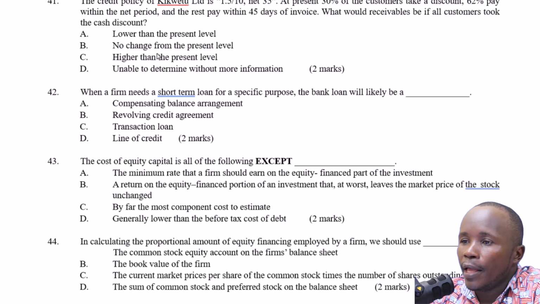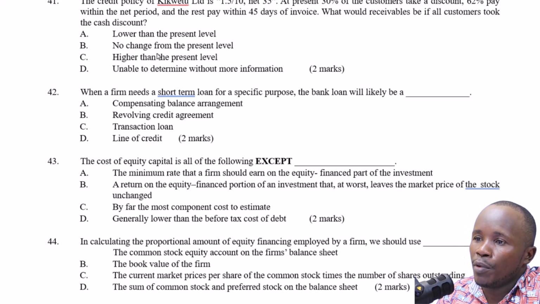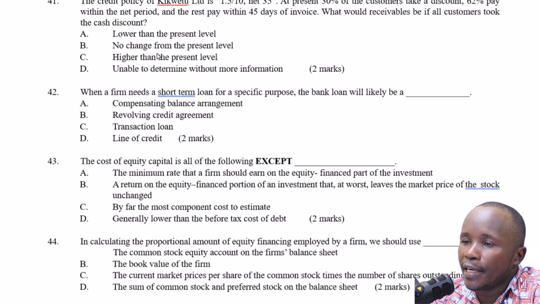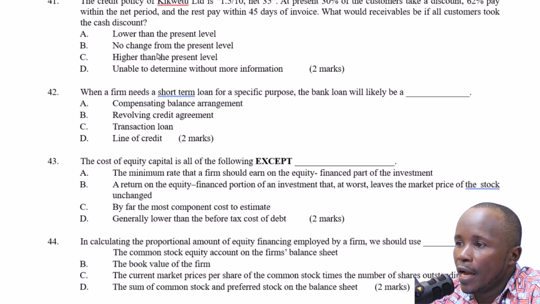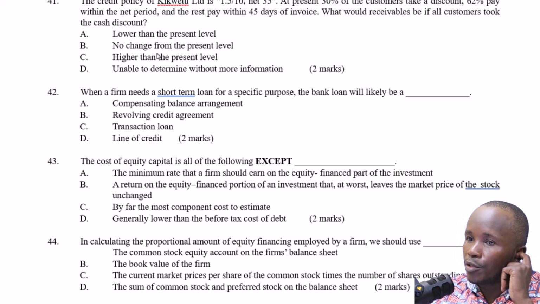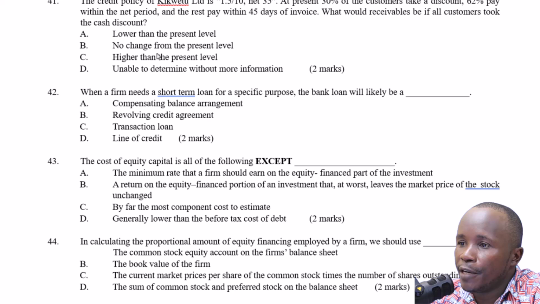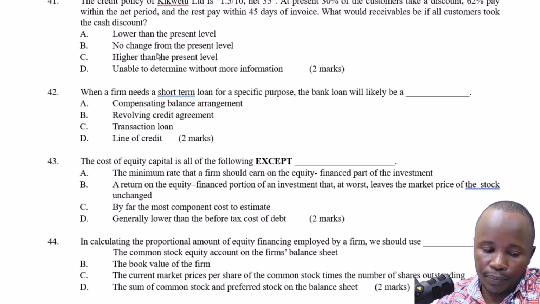Now, let's begin with question number 41, where you are told the credit policy of Kikwetu Limited is 1.5/10 net 35. At present, 30% of the customers take a discount. 62% pay within the net period, and the rest pay within 45 days of invoice. What would receivable be if all customers took the cash discounts?